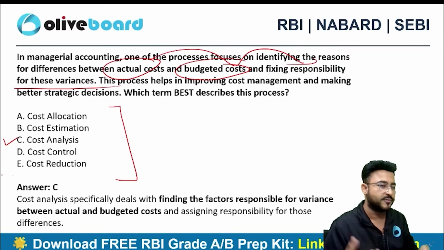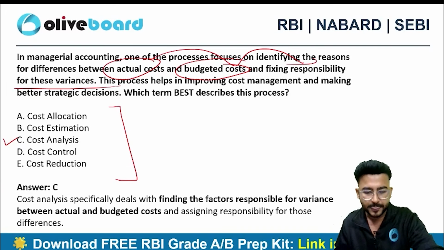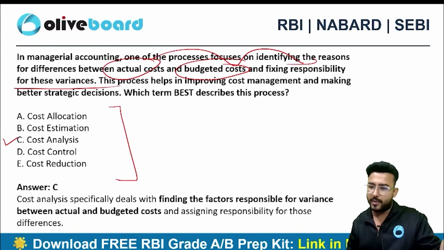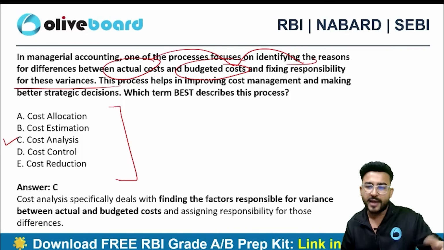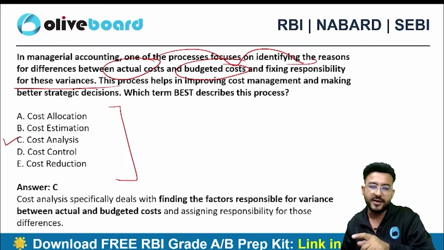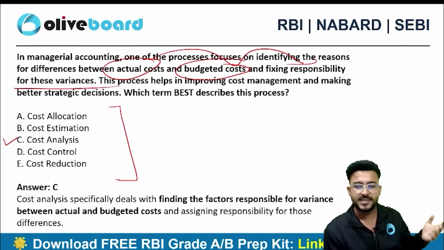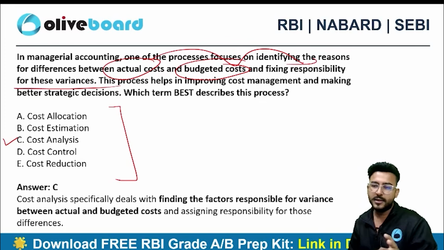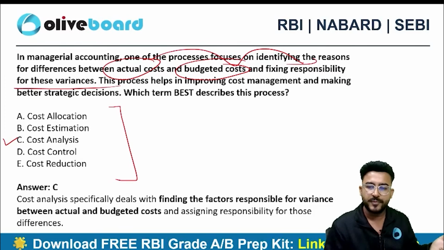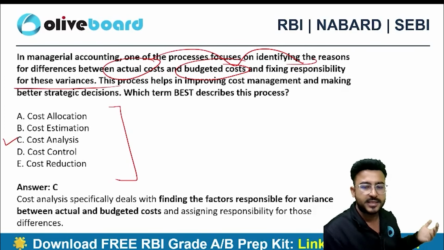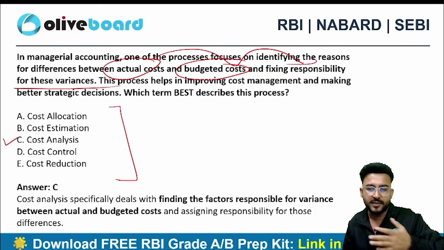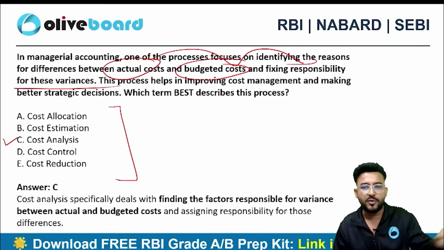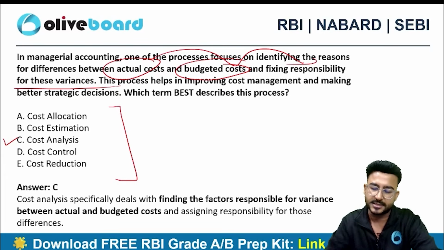Most of the options are closely related with each other, so that becomes a huge problem in the examination. Because we never did the line by line reading. We just attended some of the live classes and read summary notes, and that's it. No, that won't work. That will definitely help you gain marks in the examination, but if you want to be in the top 1%, you need to read line by line after the classes also.